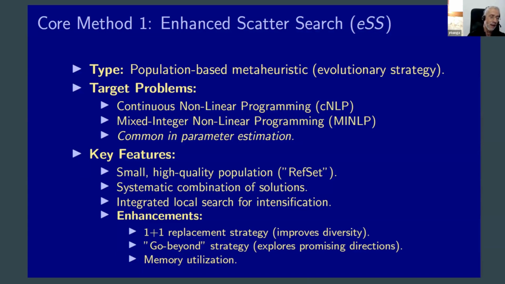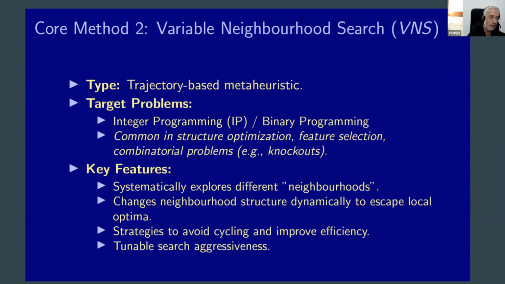The difference here is that some of your decision variables are integers, some are continuous, and this is very common in what is called parameter estimation in systems biology, okay? And then variable neighborhood search is meant for integer programming, where all your decision variables are either integers or even binaries. And you can solve problems like structure optimization, feature selection, combinatorial problems in general.